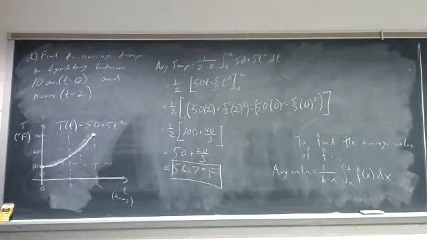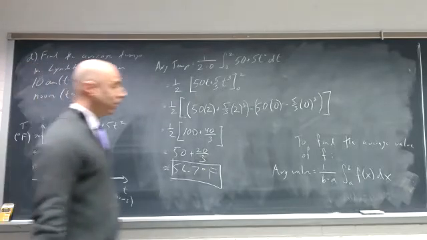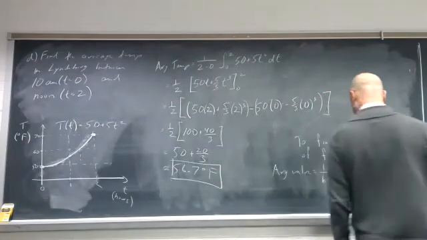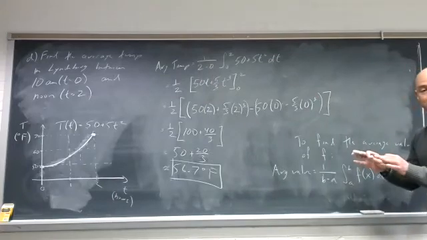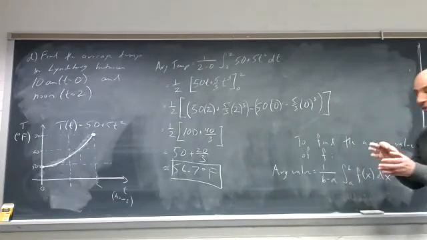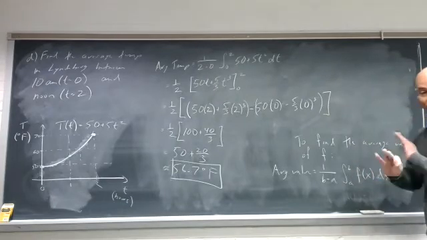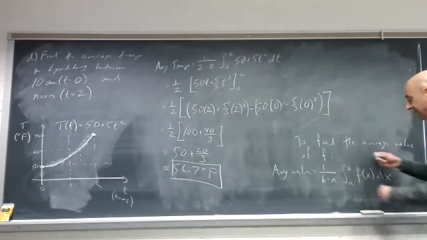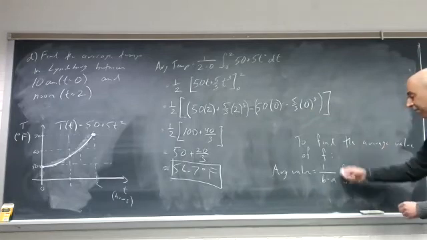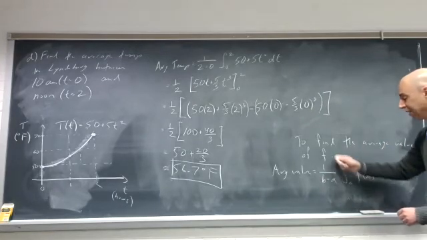So average value of a function, you don't take the value of the function at the beginning of the interval and the value of the function at the end of the interval and add them up and divide by 2. You don't average them like that. Instead, you take the total area under the curve and divide by the length of the interval.